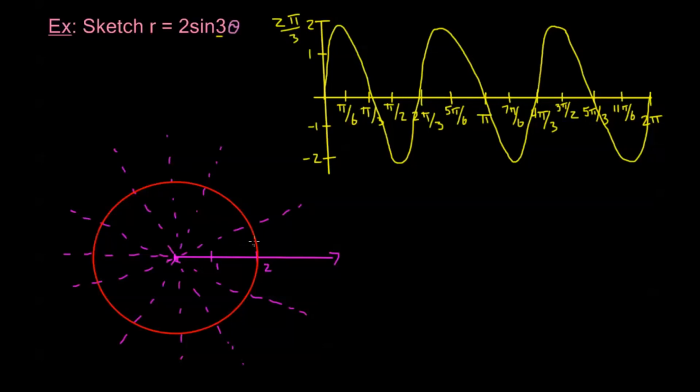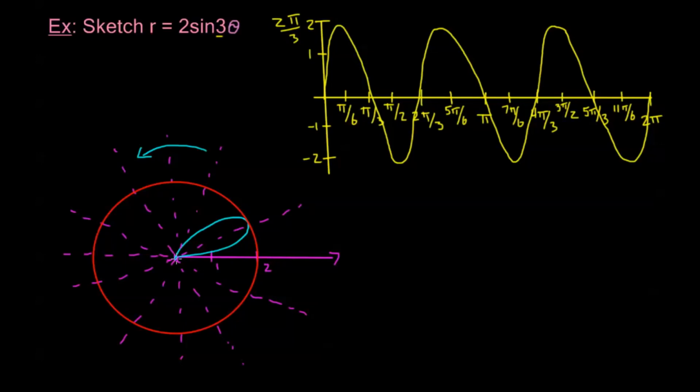So from angle 0 to pi over 6, I am going from 0 to 2. And then from pi over 6 to pi over 3, I'm coming back from 2 down to 0. Pi over 3 to pi over 2, I'm going in the negative direction now. So even though I'm going to be traveling up here in terms of my angle, I'm going to be down here where I'm drawing.